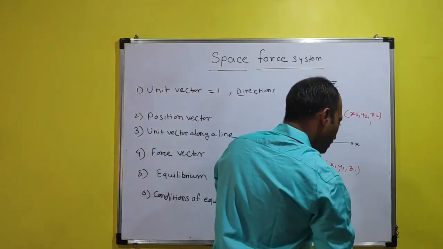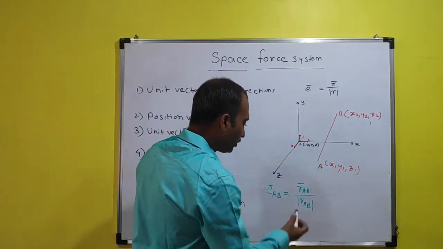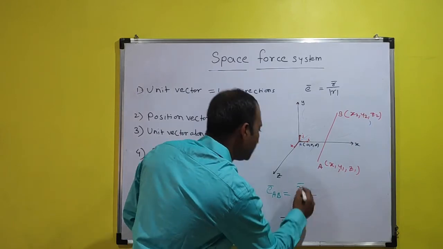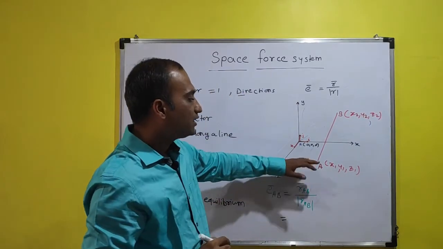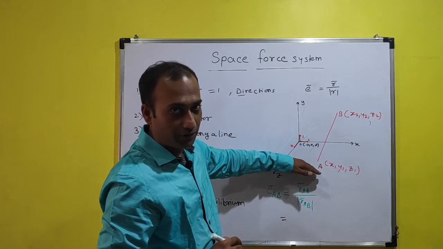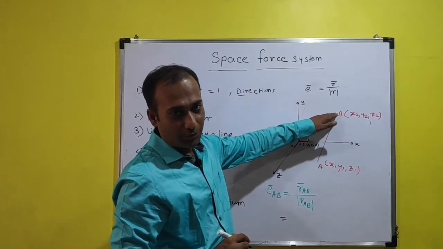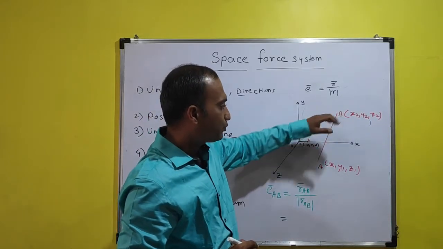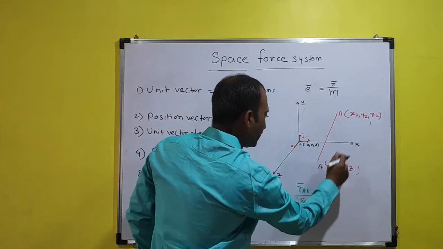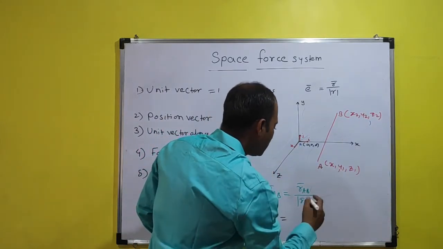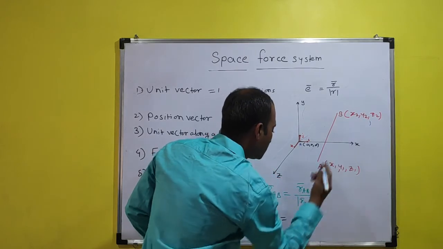So next we will see how to calculate this. Here, for the position vector, first of all we are considering point A as the first and B as the second point. So this is the previous point and the next point. So next minus previous point, or second minus first point.